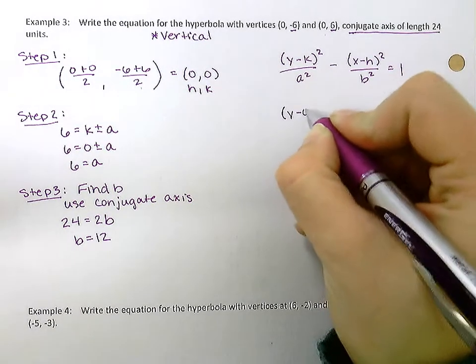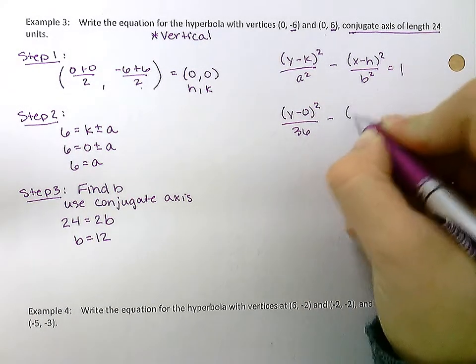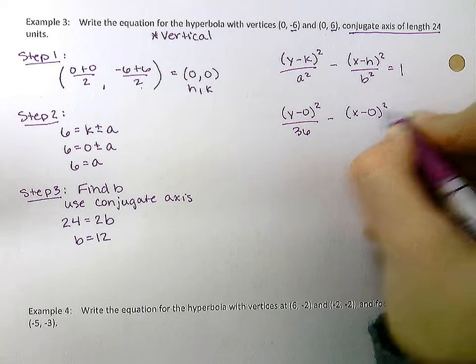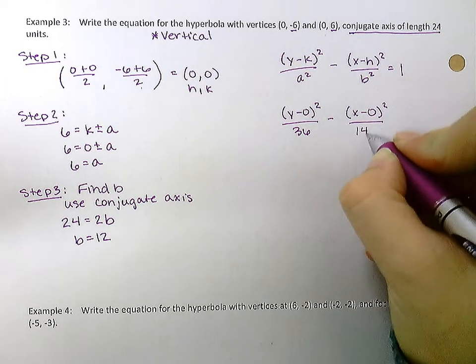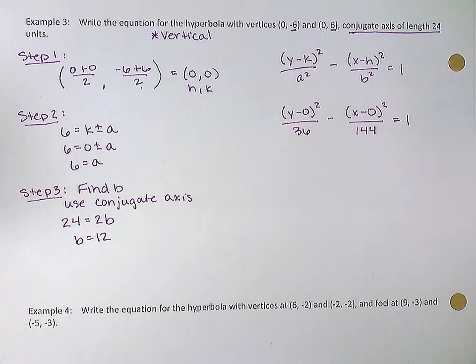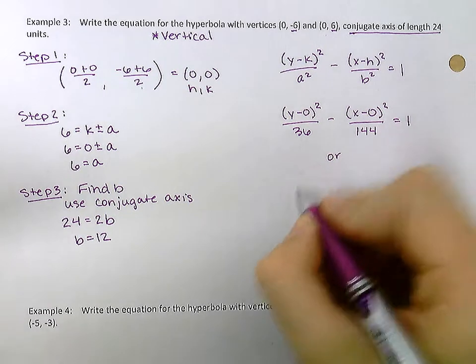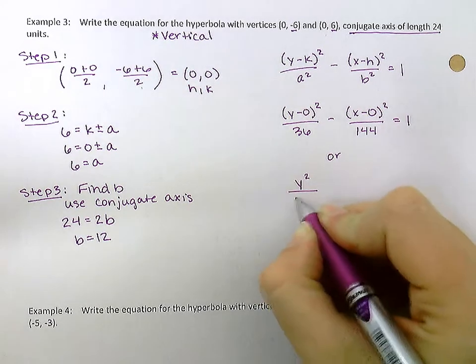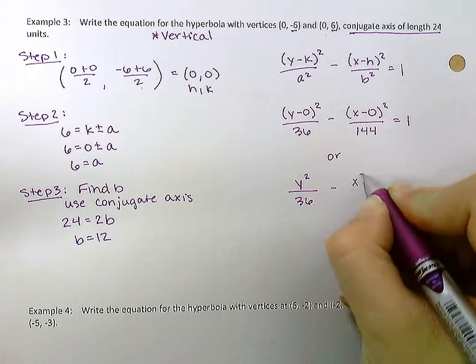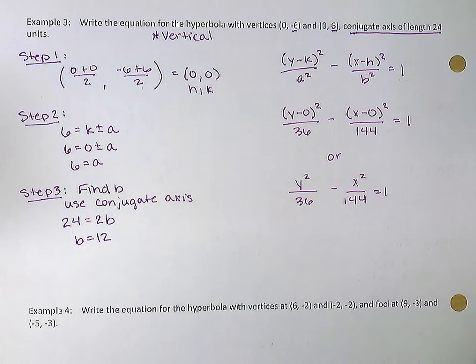So we have y minus 0 squared over 36 minus x minus 0 squared over 144. And again, we can just change this to y squared over 36 minus x squared over 144 is equal to 1 as well.